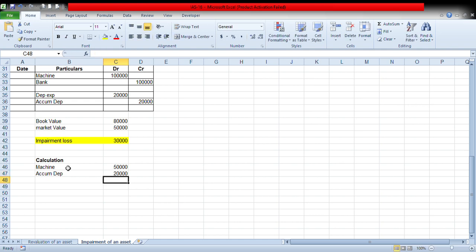So it becomes 50,000 minus 20,000, impairment loss. Understand how it's going to be accumulated impairment loss. That's how we record accumulated impairment loss.